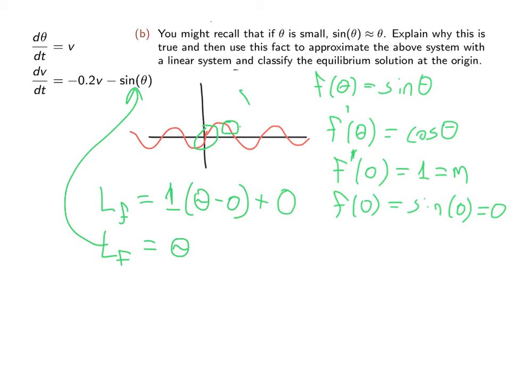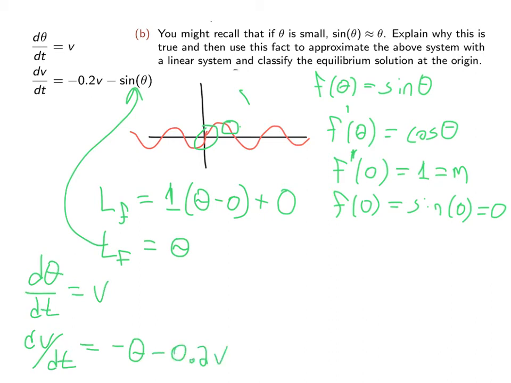We can approximate the sine of theta with theta. Then this system becomes d theta dt is v, and dv dt is, replacing sine of theta with theta, theta first, and then we still have the 0.2v.